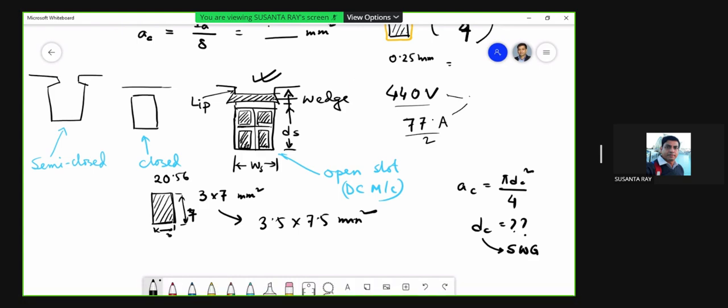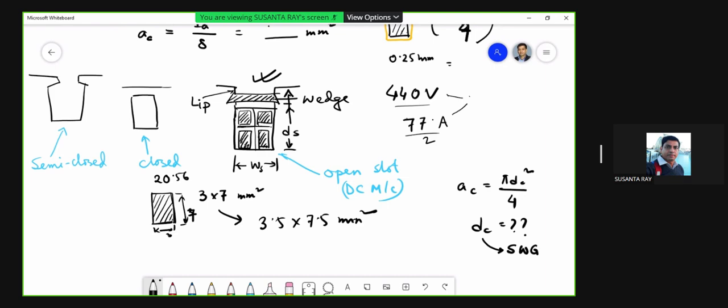The SWG chart is available at the end of the book. Some appendix and tables are there. I think 17 point or 23 point, some table is there. In the sample design problem discussed in the book, it is mentioned which table you have to consult for this SWG chart.